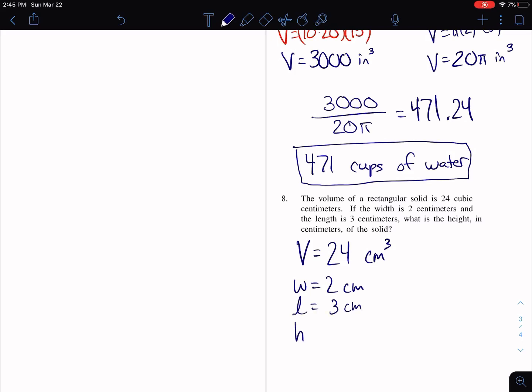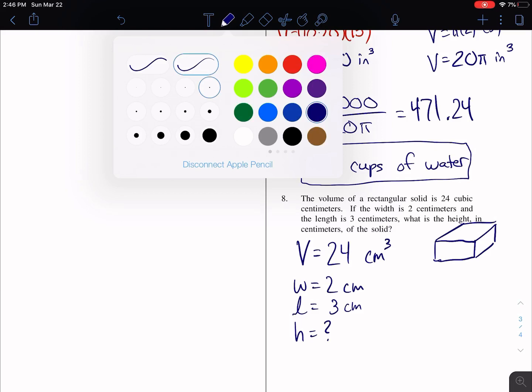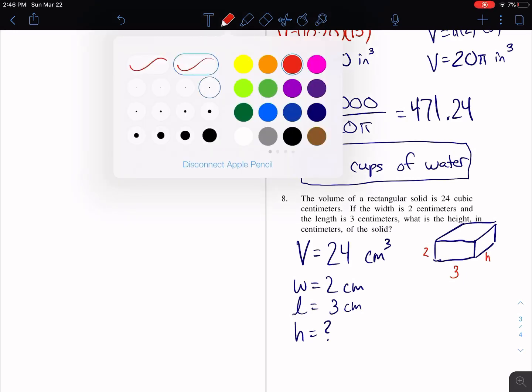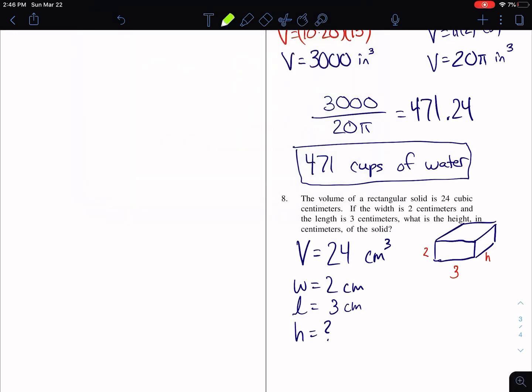They want to know what the height is. Okay, so again, it really does help, I'm telling you to draw the picture of your rectangular solid. So having drawn the picture of my rectangular solid, they told me that my length was 3 and my width was 2, and I don't know what the height is. So let's see if we can set up an equation that will help solve this here.